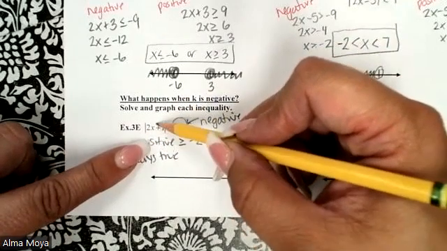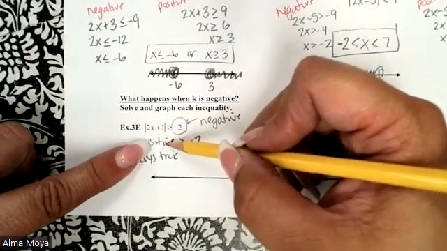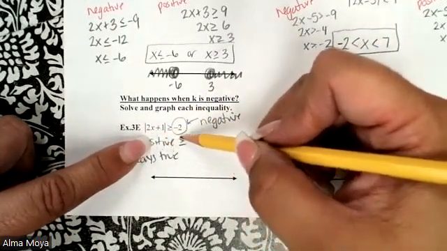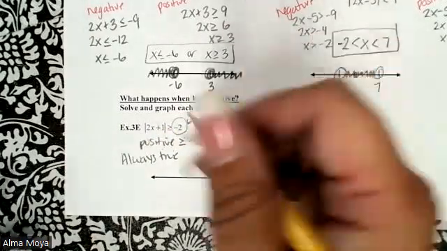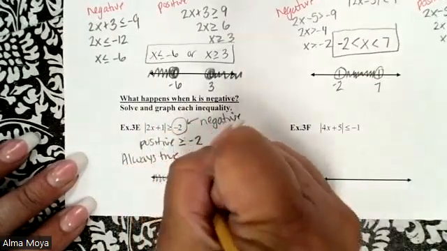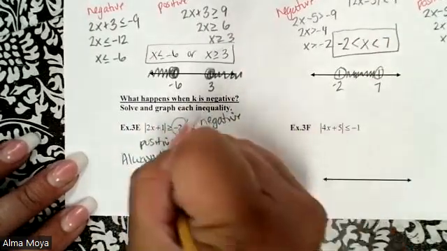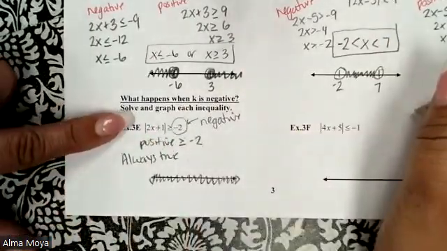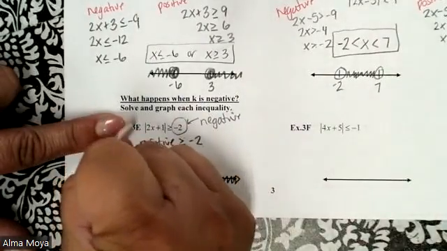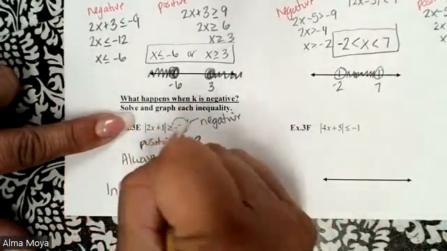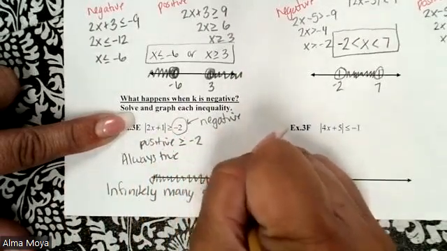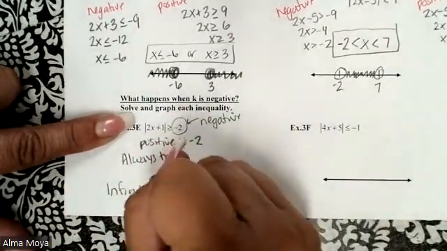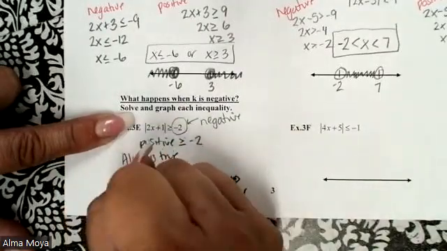It doesn't matter what number it is, it's going to be positive. Even if it's 0, this number is always going to be greater than or equal to -2. So since that's always true, every single number you ever plug in will always be true. This is going to be infinitely many solutions, or sometimes they say all real numbers.